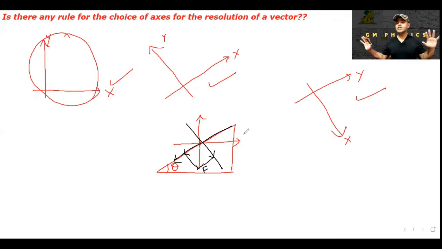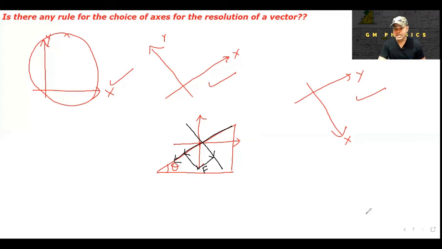It's completely your choice. So in that sense, a vector has infinite components. More clearly, a vector can be resolved in infinite ways. But always it will have components along two mutually perpendicular lines. But you can do this in infinite ways, right?